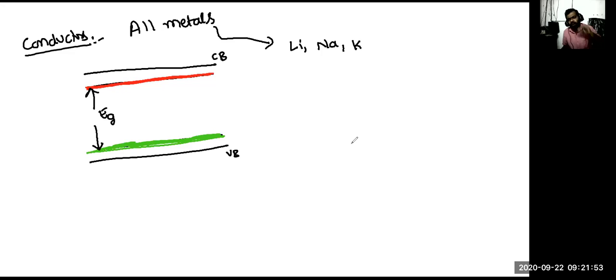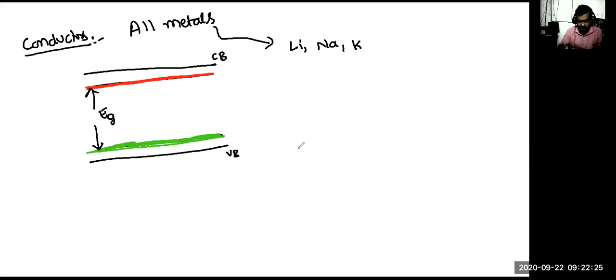Similarly, if we give a small amount of energy, the valence electrons in the metals will be excited to the first excited state, thereafter the second excited state, the third excited state, and so on. So the energy gap between the conduction band and the valence band is very low, which we'll see now.